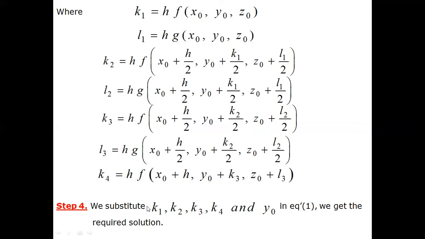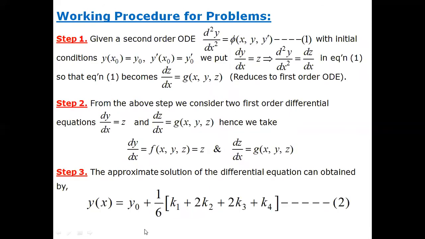So that means if you substitute k1, k2, k3, k4 along with y naught in the formula you have written in equation 2, we get the value of y at the given x, and that will be the final solution of the problem. And this is how we can solve a second order ordinary differential equation numerically using the fourth order Runge-Kutta method. So this is a common procedure for all problems in the fourth order Runge-Kutta method.